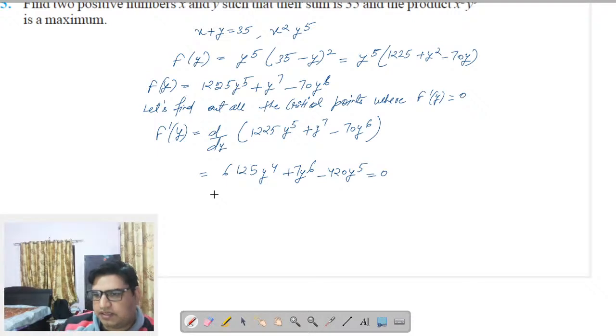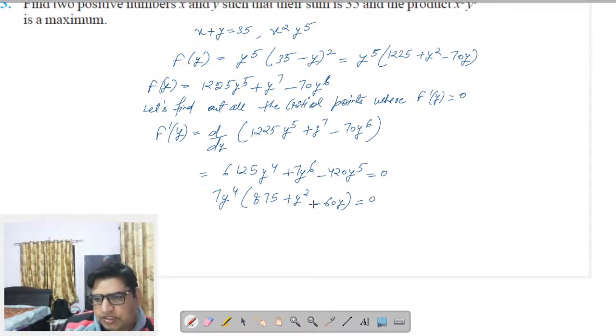We can take 7 and y to the power 4 common out from here, and from here we get y square, and from here 60y, and that is equal to 0.